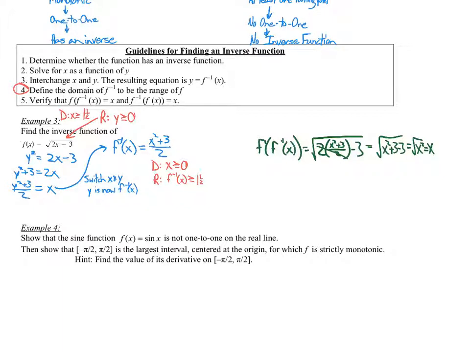So that works. f inverse of f of x is something squared plus 3 over 2. What's the something? It's the square root of 2x minus 3. So that's 2x minus 3 plus 3 over 2, which is 2x over 2, which equals x. So it works. They both turn out to be x.